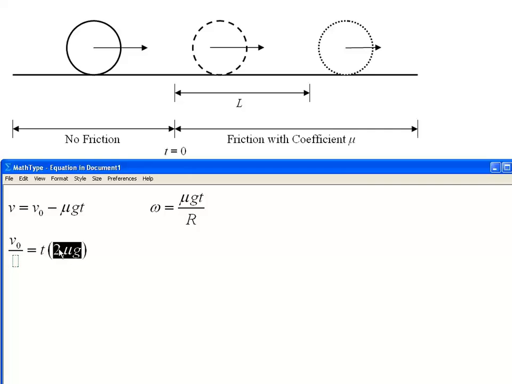We can divide out the 2 mu g to isolate t. And let's just clean this up a little bit and put t first. And this is the expression that we're looking for. T equals v naught divided by 2 mu g.